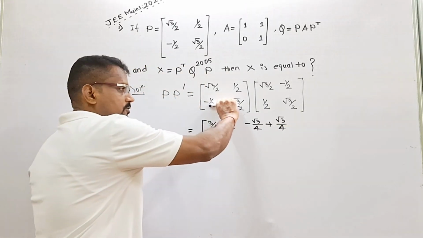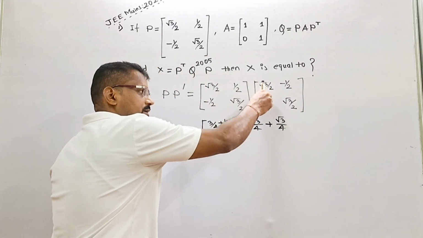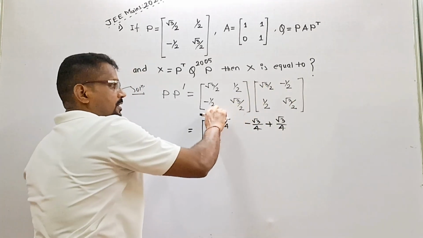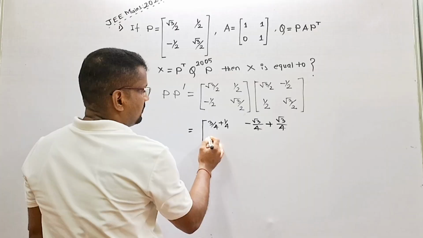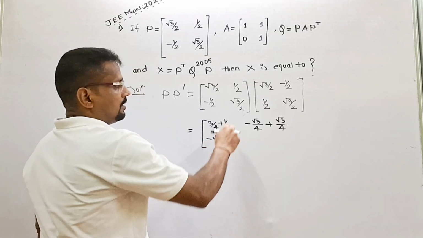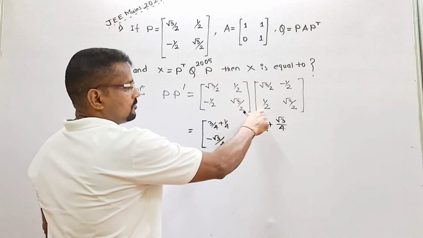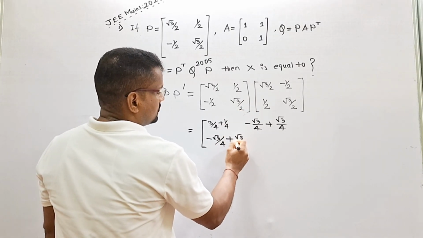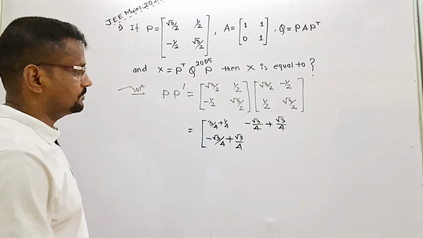Now second row with first column: negative half with root 3 by 2 is negative root 3 by 4, and root 3 by 2 with 1 by 2 is plus root 3 by 4.